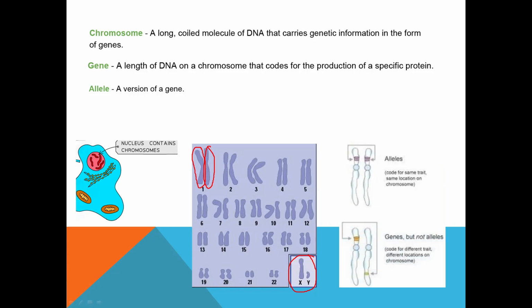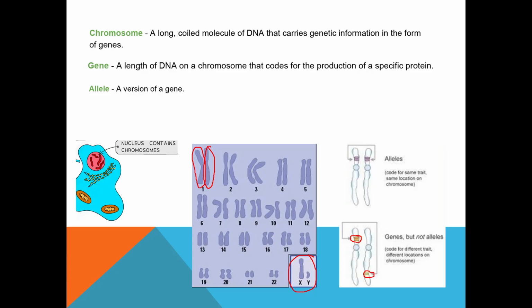Alright, so moving along, if we look at a single pair of chromosomes, we'll see that there are genes along these chromosomes, along both the chromosomes. So let me use my pointer again. If we look here, this could be a gene, this could be a gene, and this could be showing different traits.